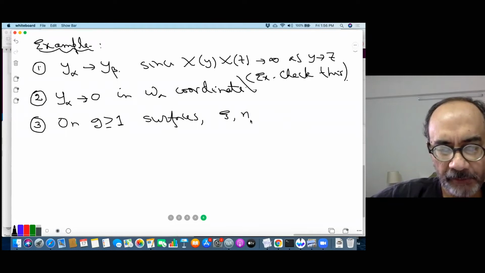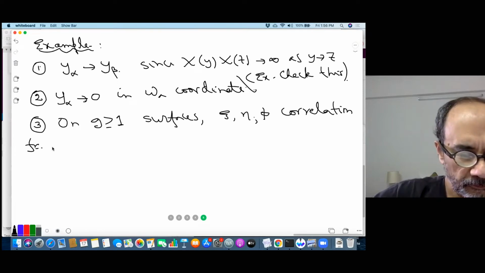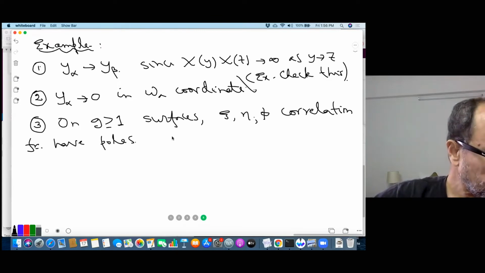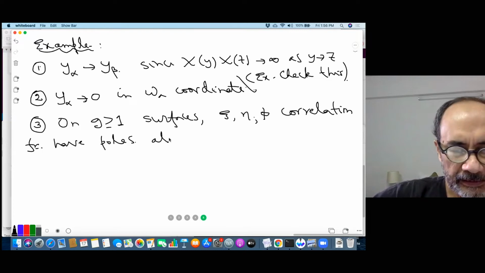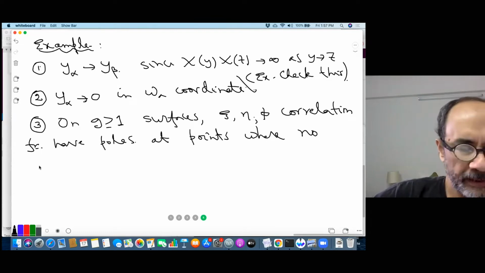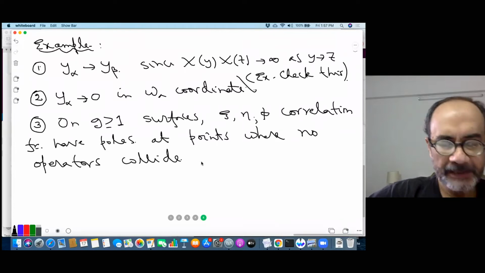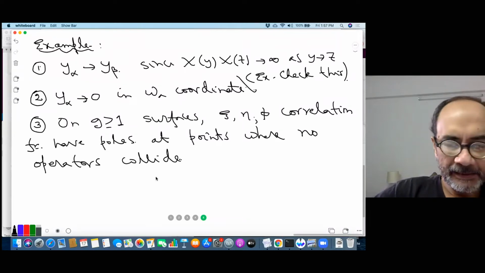When you write down the expression for the xi eta phi correlation function, it has poles at points where no operators collide. These are perhaps the most surprising kind. It doesn't follow the usual intuition of conformal field theory.